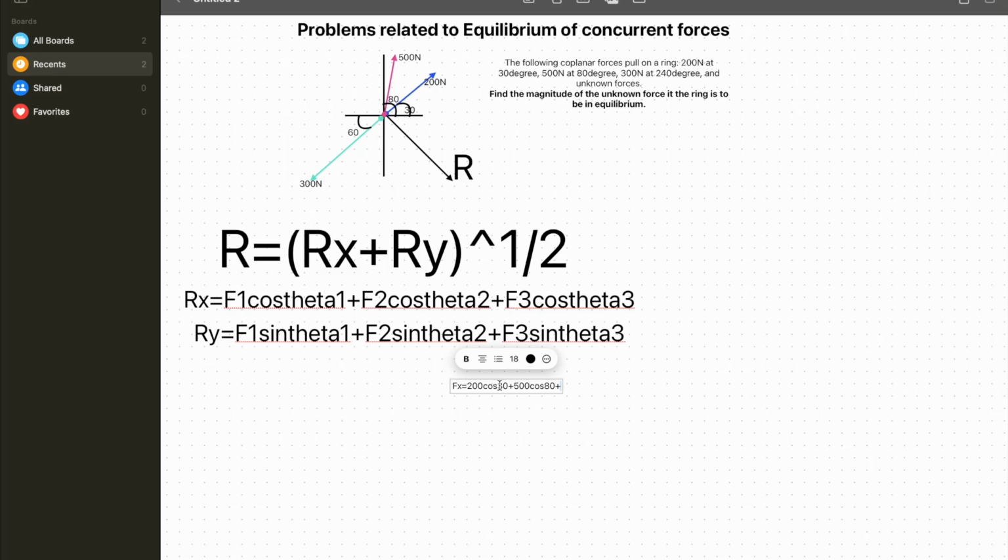And then plus, for the third, it's 300 Newton in magnitude, but the angle is 30 plus 80 plus 180.